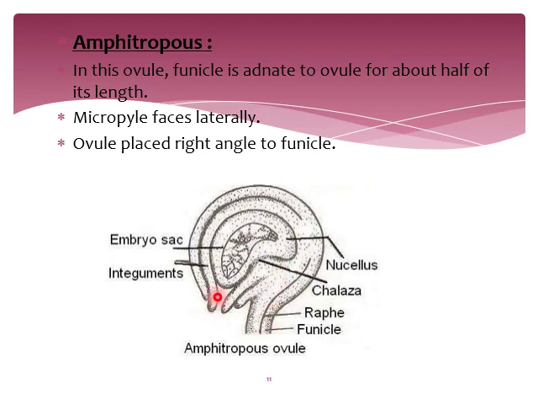In this case, micropyle faces laterally, and the placement of the ovule is slightly or somewhat at right angle to the funicle. This type of ovule is known as amphitropous ovule.